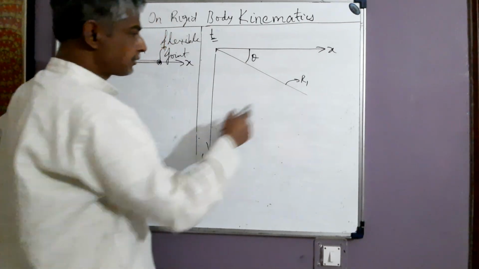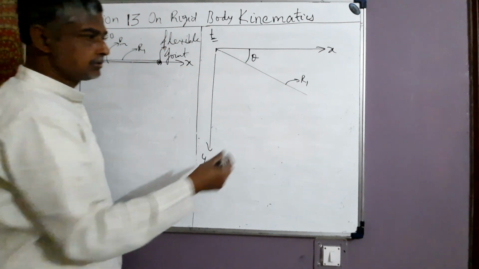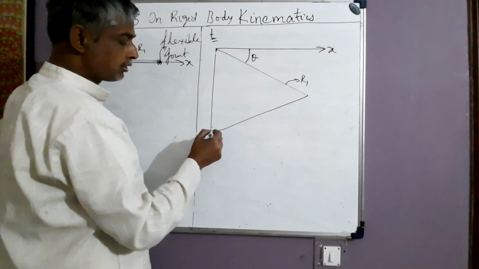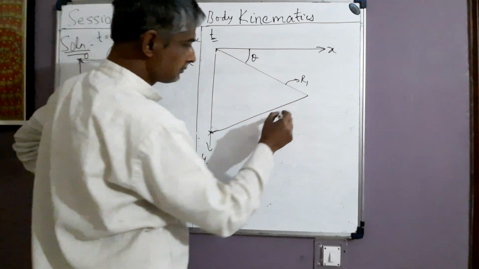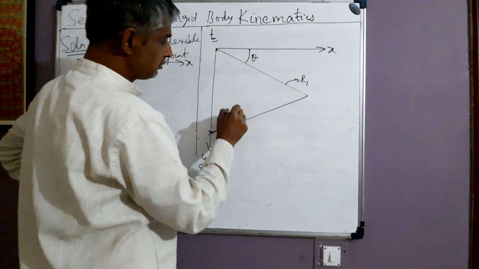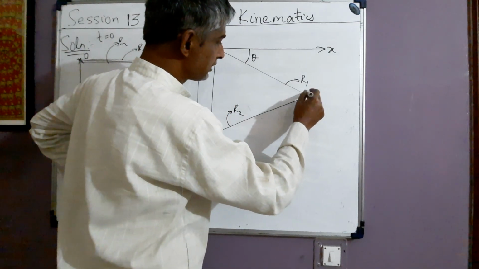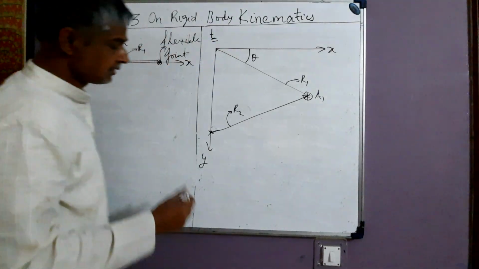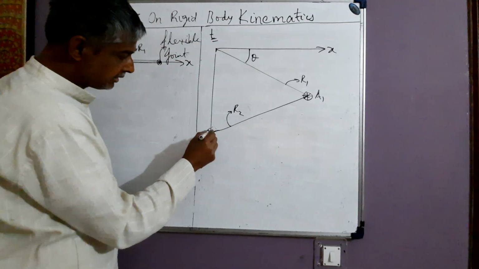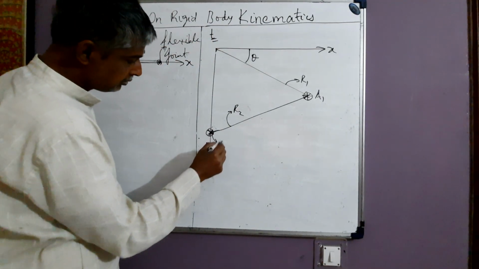Now the left end of rod R2 is constrained to move along the y direction. So at time t, rod R2 is something like this. This is rod R2. This is the flexible joint of the two rods, taken to be the point A1. This is the contact point A2.